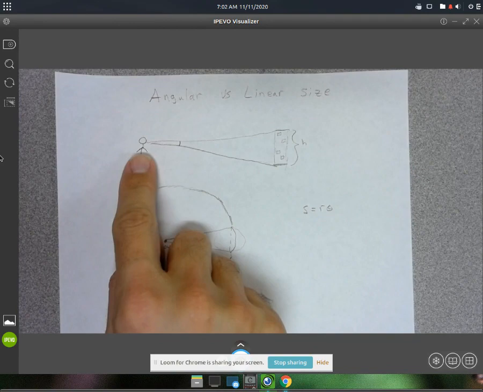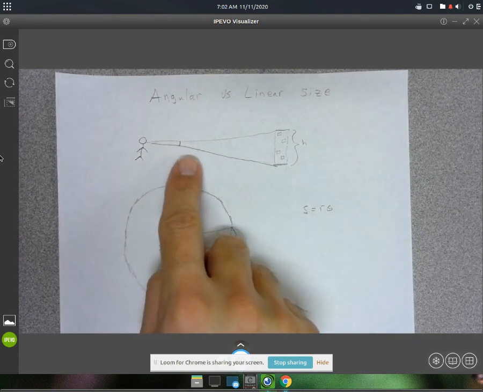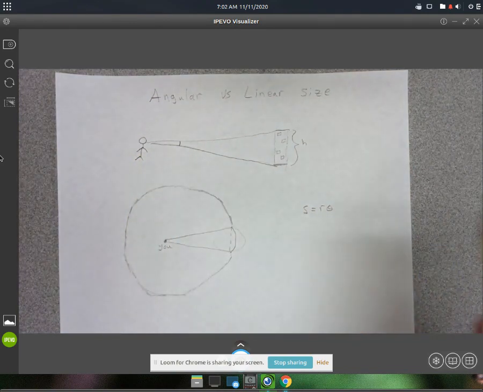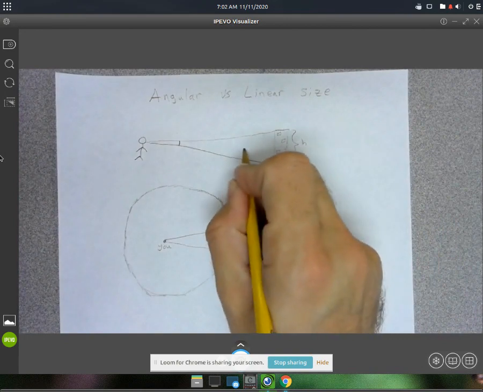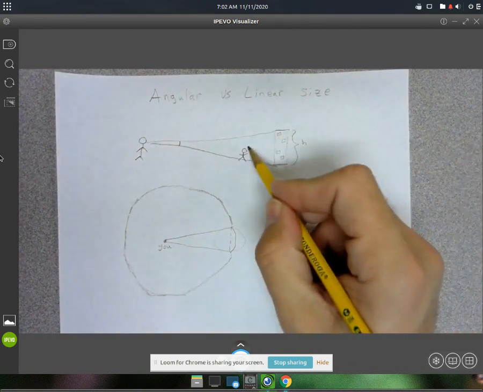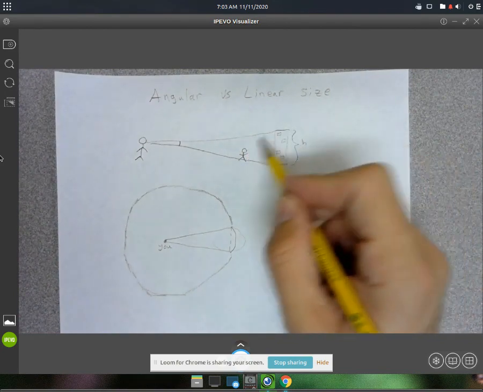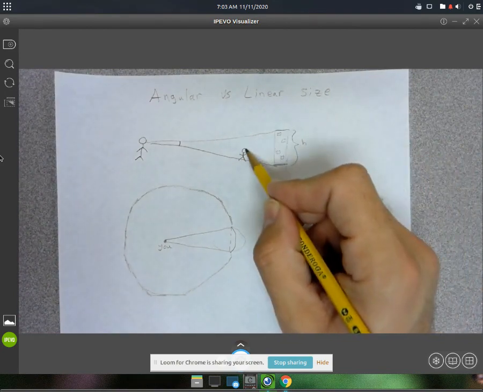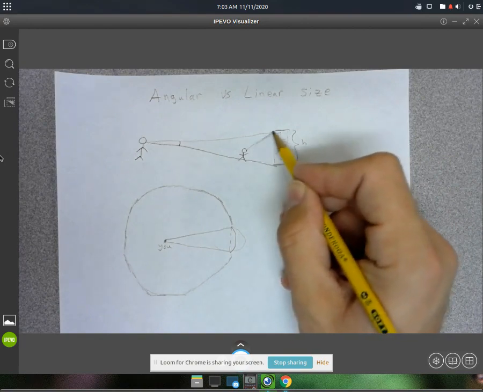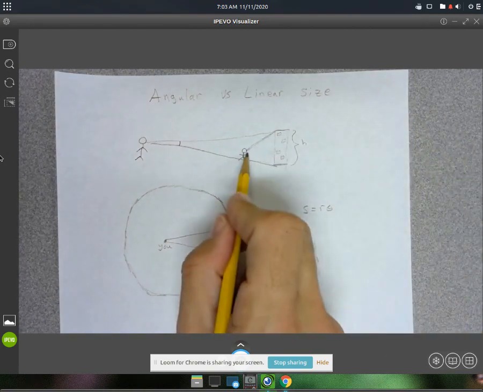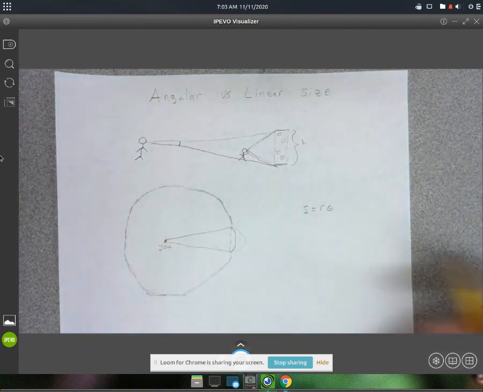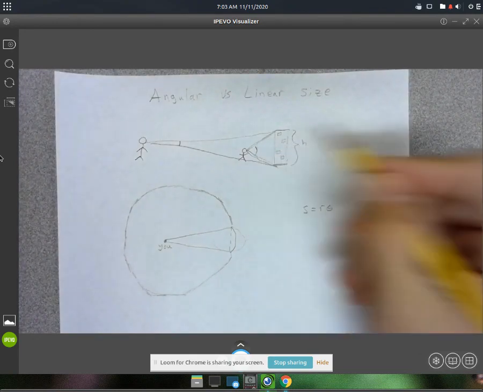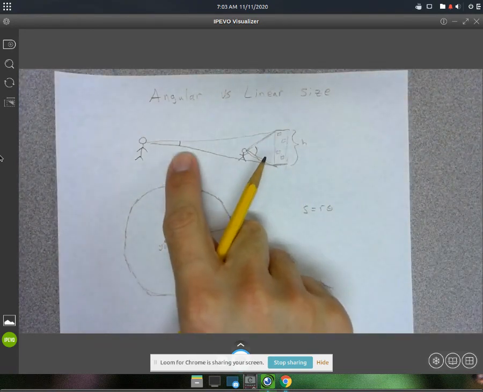All right, or the closer that he gets towards the building, like if he gets, say, right here on the building, right, he still has the same size, but the angle that's created from his point of view. So if he's looking at it from here, the top of the building to the bottom of the building, well, that's a much larger angle than what it started out as.